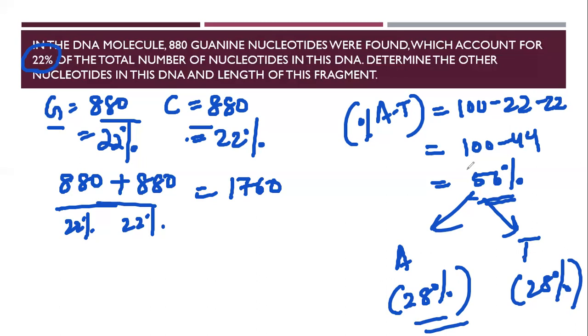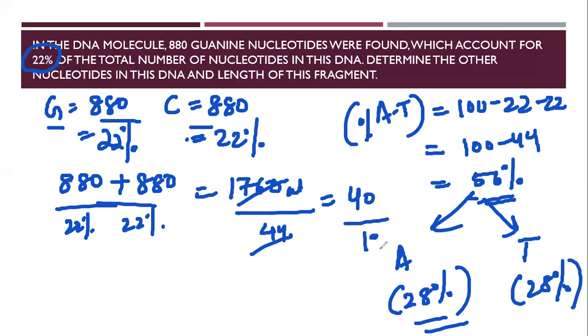So number of nucleotides divided by total percentage, on solving I'll get 40. Therefore 1% means 40 nucleotides.